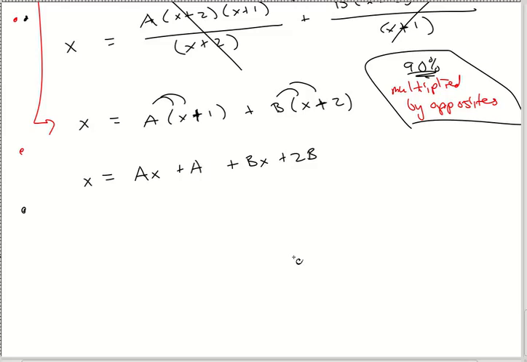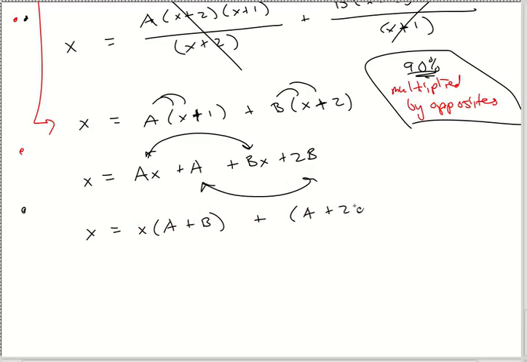Well, how about this? It's a little bit of a radical idea. What if I combine like terms? What I'm saying is like these x's can go together, and these a's and b's and constants can go together. And so I got x times (a plus b), and then I've got this a plus 2b.